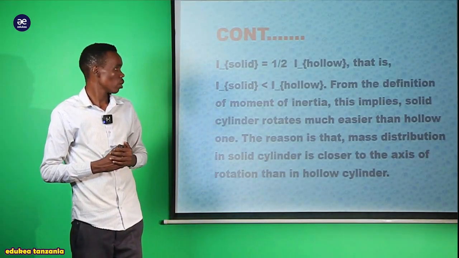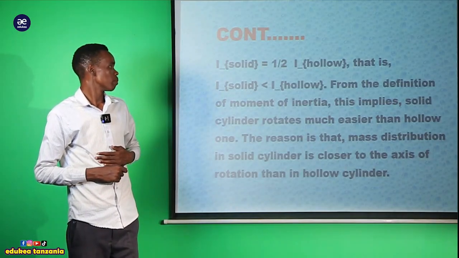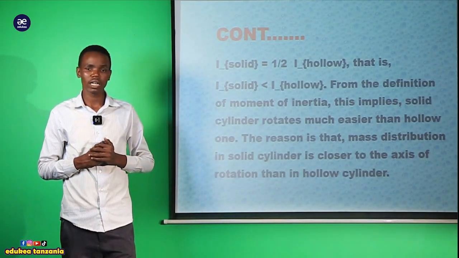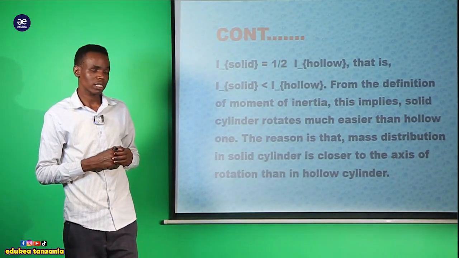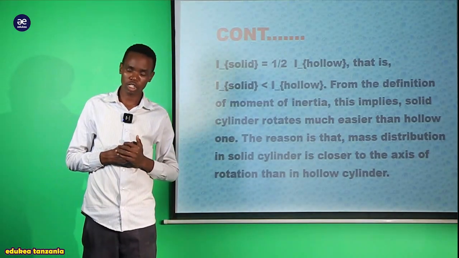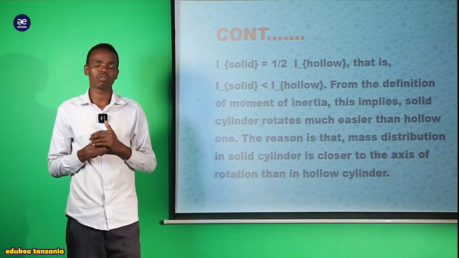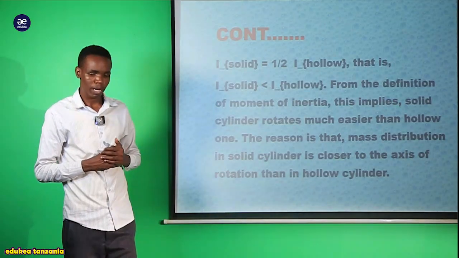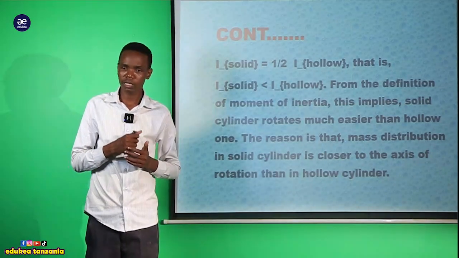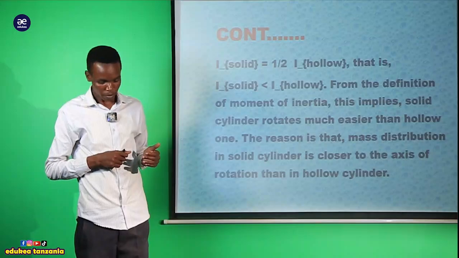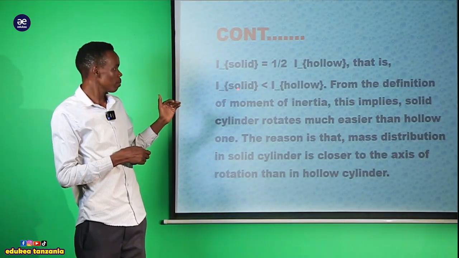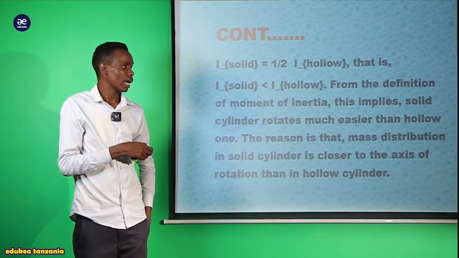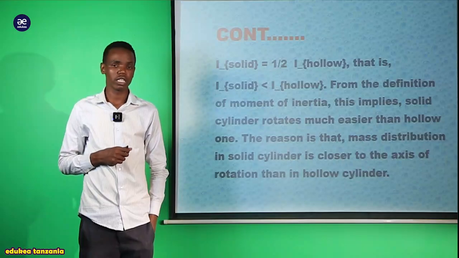Now we should obtain that the moment of inertia for the solid cylinder must be equal to half the moment of inertia for the hollow cylinder. So as we observe and conclude, now the moment of inertia for the solid is less than the moment of inertia for the hollow.